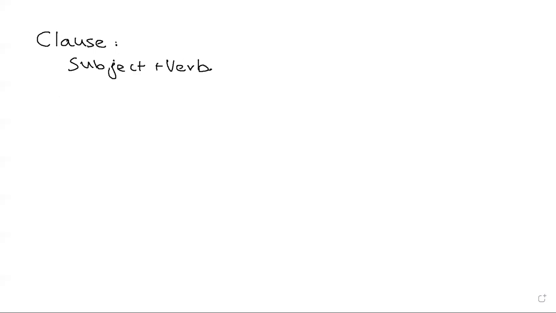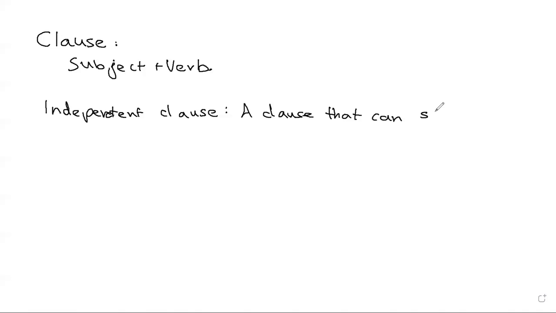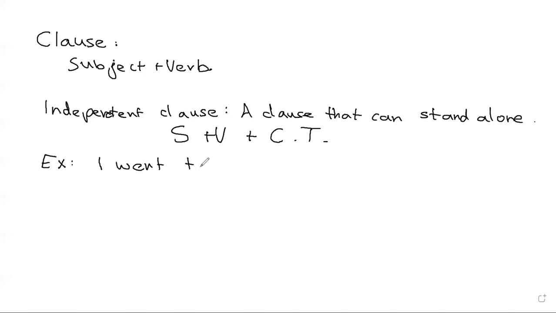An independent clause is a clause that can stand alone. It can stand alone in a sentence, meaning that it's composed of a subject, a verb, and a complete thought. An example of an independent clause would be, I went to school.